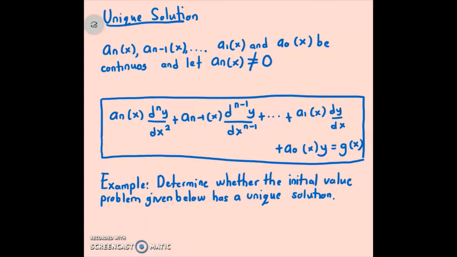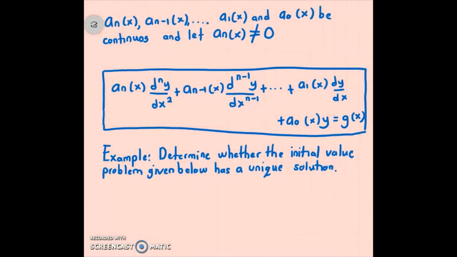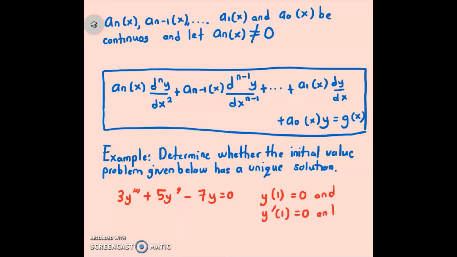We need to look into the definition of a unique solution. First we want to make sure that a_n is not equal to 0. Given 3y''' plus 5y double prime minus 7y equals 0, and the initial conditions y(1) equals 0, y prime(1) equals 0 and y double prime(1) equals 0.